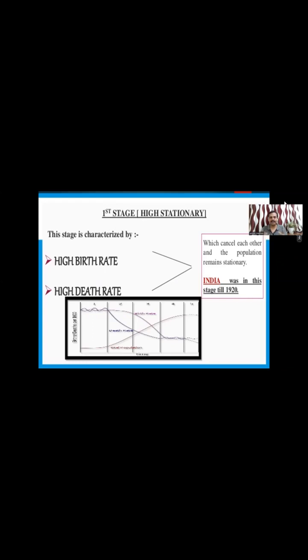It cancels each other. As a result, there won't be any change in population. The population will be stationary, constant, or stable. That is why the first stage is known as high stationary, with high birth rate and high death rate.